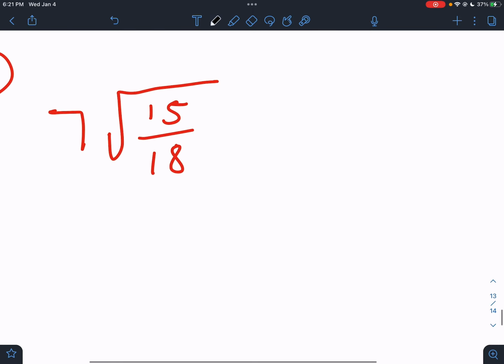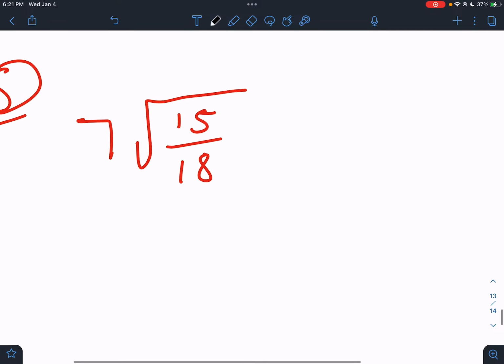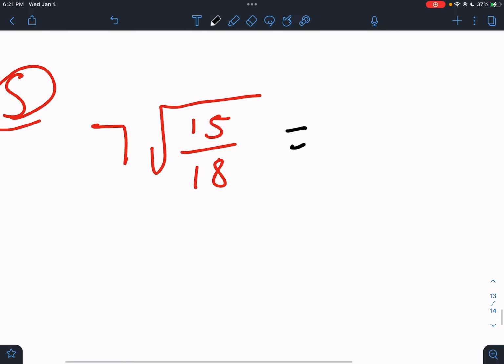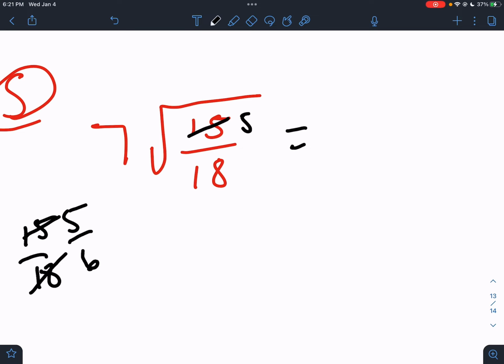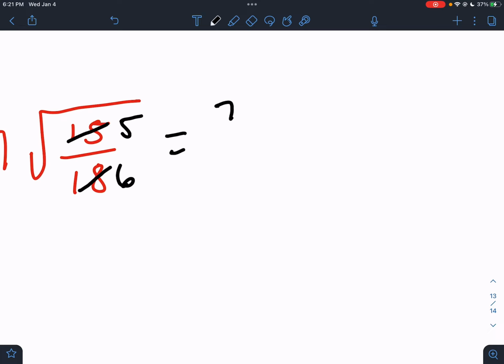This one looks a little funky, but we can go ahead and reduce it. Like if I just said reduce 15 over 18, what would that become? That would become 5 over 6. So that we could rewrite this as 7 root 5 over root 6.